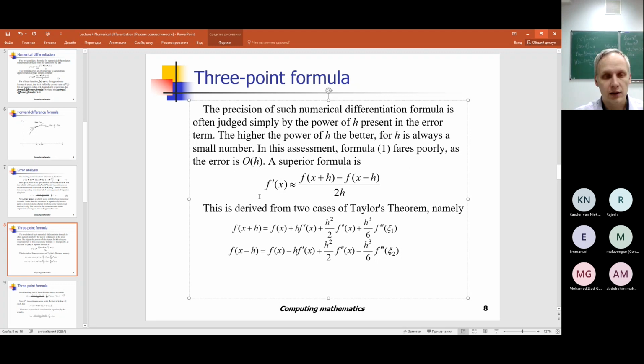And the higher power is better because h is a small number. For example, if we have h power 2 and h is 0.1, h power 2 becomes 10 power minus 2. If we have h equals to 10 power minus 2, then h power 2 becomes 10 power minus 4.